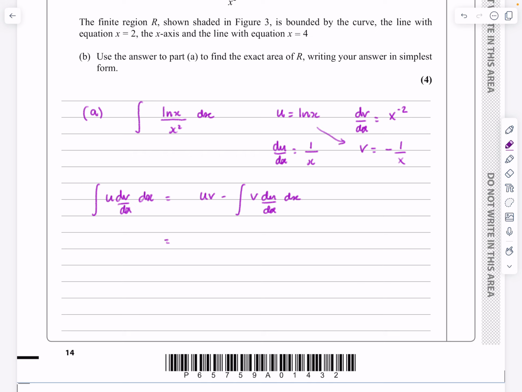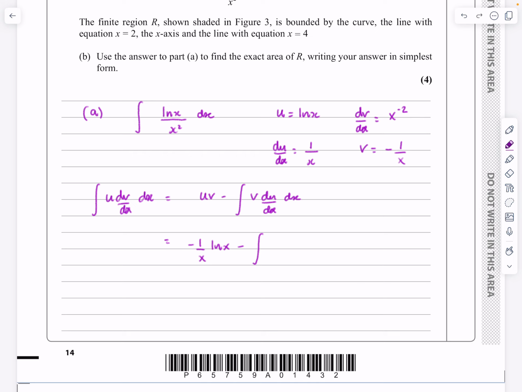So it's just a matter of substituting everything in. uv is there and there, so that's going to be minus 1 over x log x minus the integral of, and then this should be something that we can either integrate or something that is at least simpler than our original problem. In this case, it always tends to be the bottom two if you set it out the way that I've set it out here.